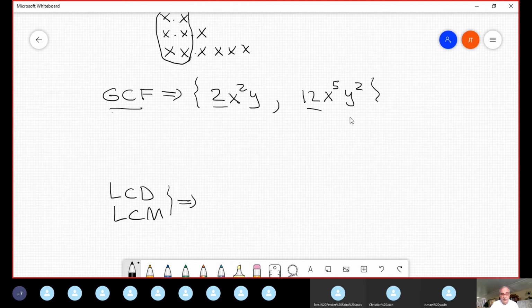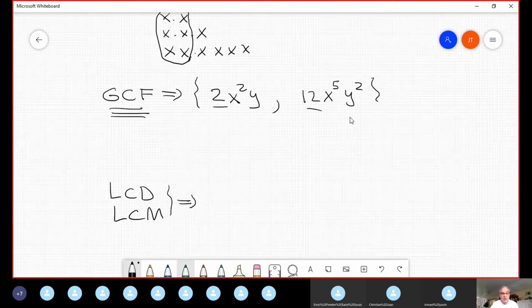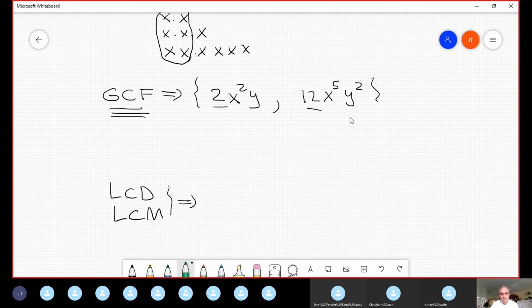Who can help me with the greatest common factor first? Let's start with the numerical part. What is the greatest common factor between 2 and 12? 2 is 2. 12 is 2, 6, 2, 3.